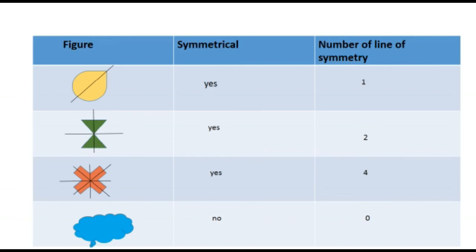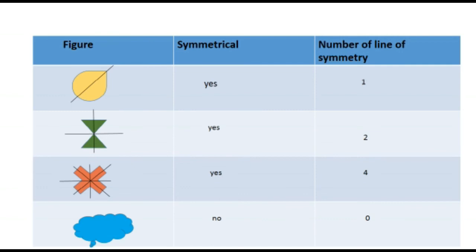The second column tells whether they are symmetrical or not, and the third column tells the number of lines of symmetry. The first figure is symmetrical along the line of symmetry, which is a diagonal.